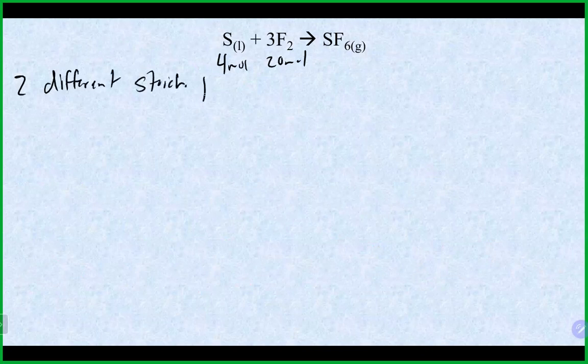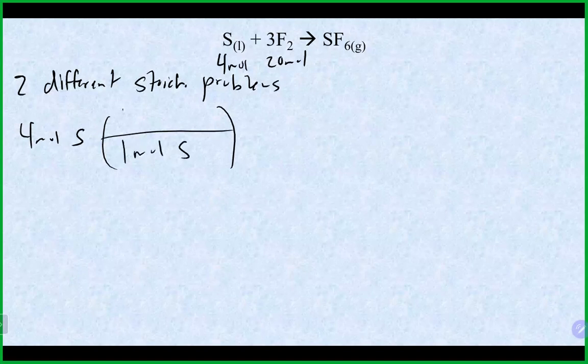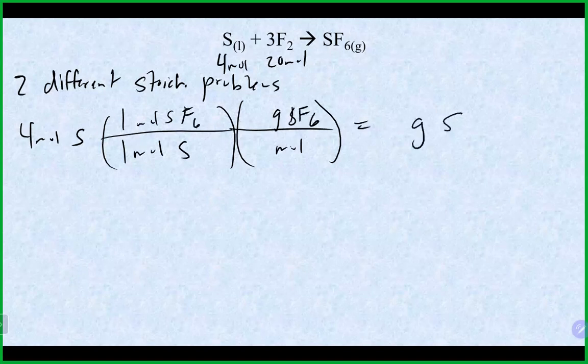You take the moles, say here, of sulfur, and you do the mole-to-mole relationship between sulfur and your product. If you want, you could also use the molar mass here, and that will give you grams of SF6.